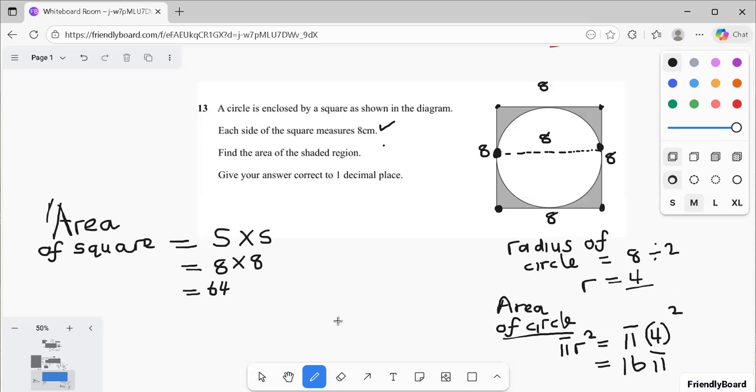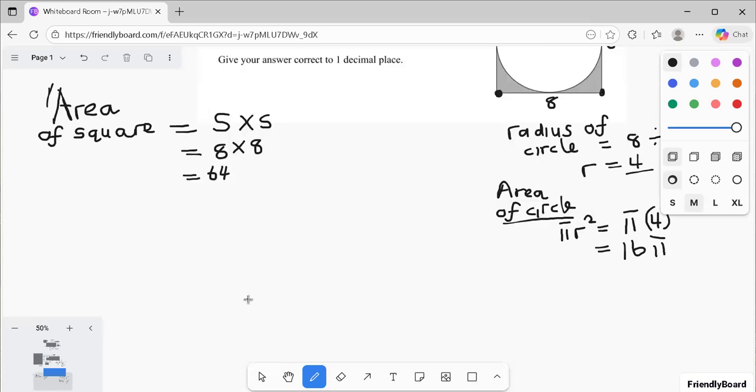Now I take the area of the larger, take away the area of the smaller. So the 64 is the larger shape. Now I'm finding the shaded area, which is area of larger minus area of smaller.